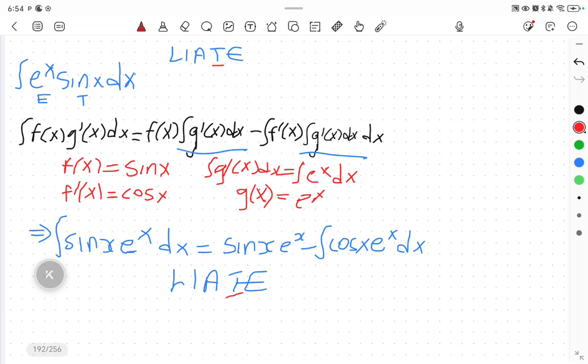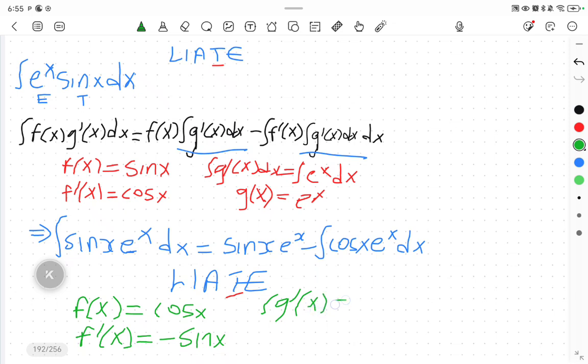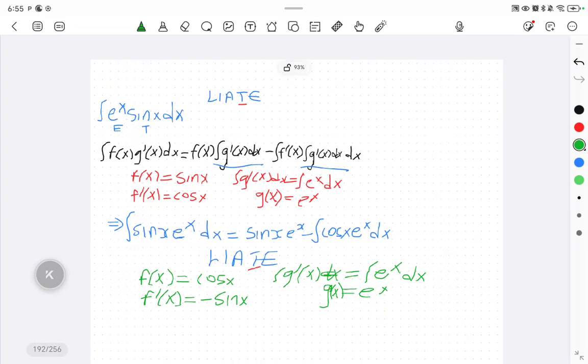So I'm going to let f of x be cos of x. I differentiate it, I get minus sine of x. Then I have the integral of g prime of x dx, which will be equal to the integral of e to the x dx, which is still e to the x, that is our g of x. Now I have this.